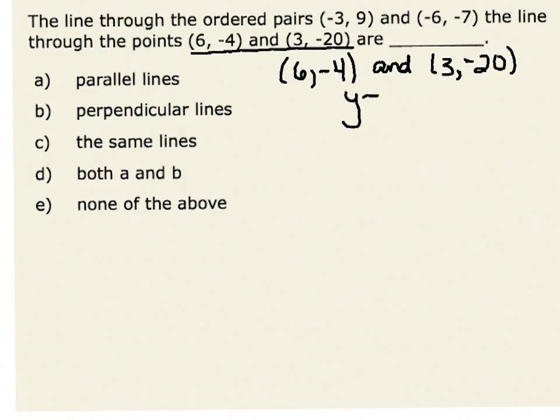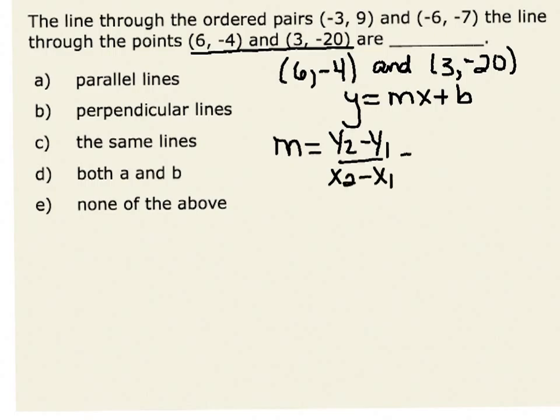Again, in order to find the equation of this line, y equals mx plus b, we first must find the slope, and our slope is our change in y over our change in x. To find our slope, we have -20 minus -4, all over our change in x, which is 3 minus 6.